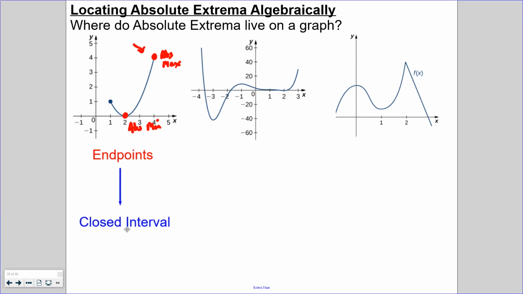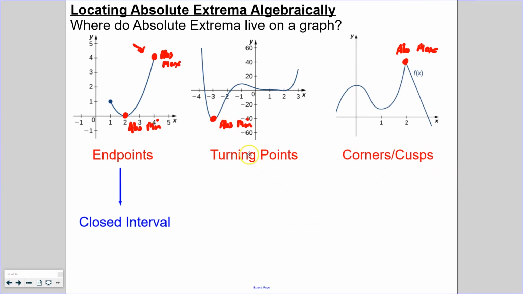Then looking at these other two graphs, there is no absolute max on this second graph, but there is an absolute minimum right here at a turning point. And in our final graph, we can see that we have an absolute maximum. There is no absolute min, but this absolute maximum happens at a corner or a cusp.